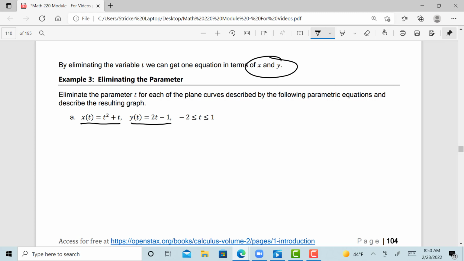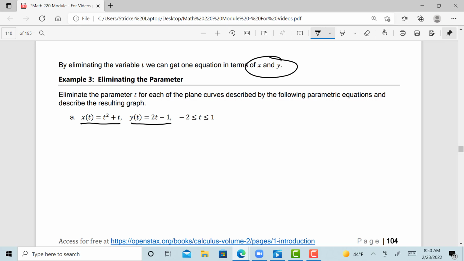If you look at x of t and y of t, which one of these equations is easier to solve for t? Well, hopefully you said that the second equation is easier to solve, because the first equation is quadratic. You have t squared and t. That's going to be really difficult to get t by itself.